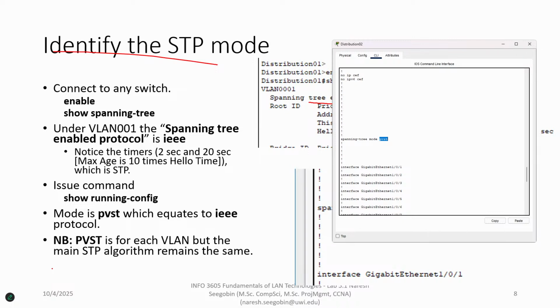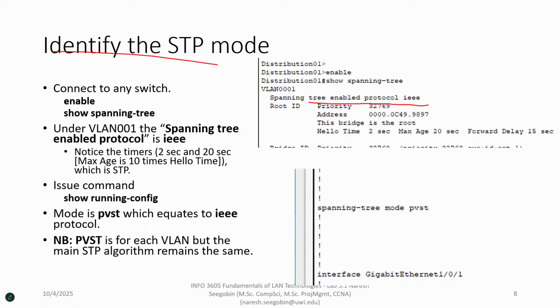So PVST is per VLAN. That's basically what the PV stands for. Every VLAN has its own spanning tree. That's why we had to do VLANs first.